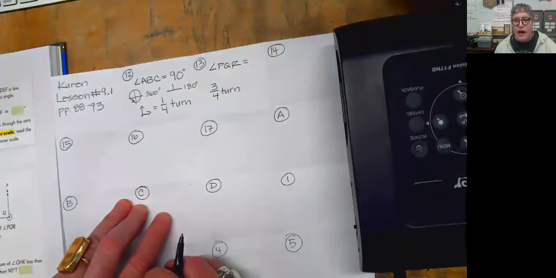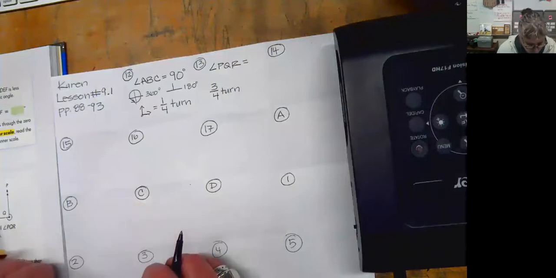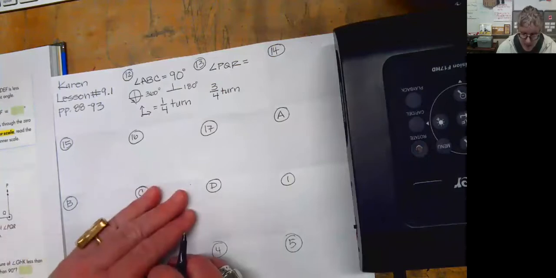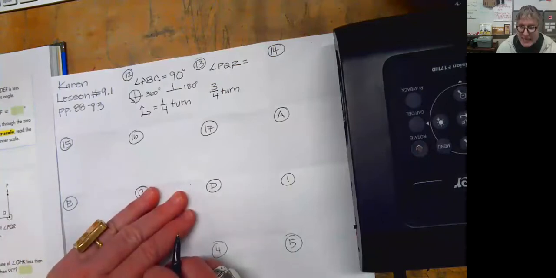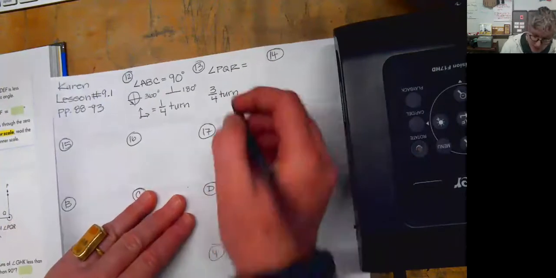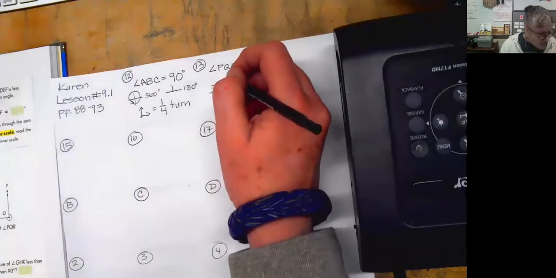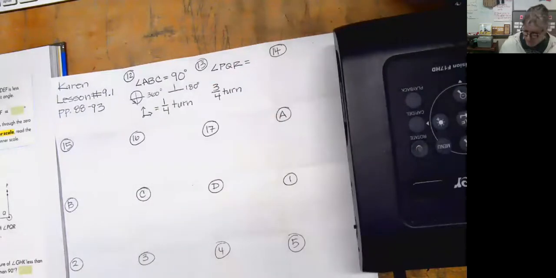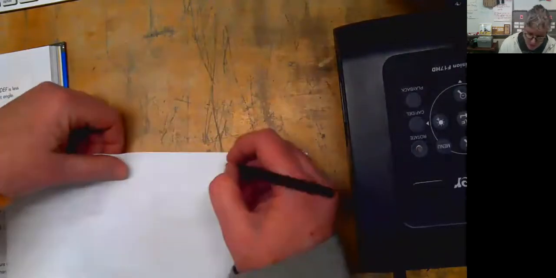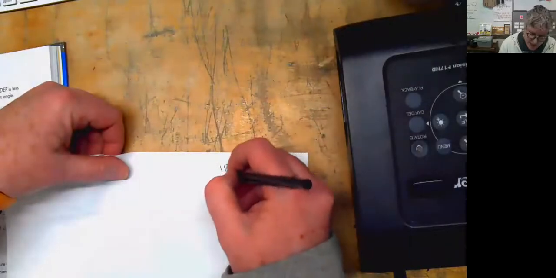So if I have half, it's going to be 180, but this is actually going around 1, 2, 3 times. So 180 plus 90 is going to be the degrees I have. I'm going to do that over here on the back, 180 plus 90.